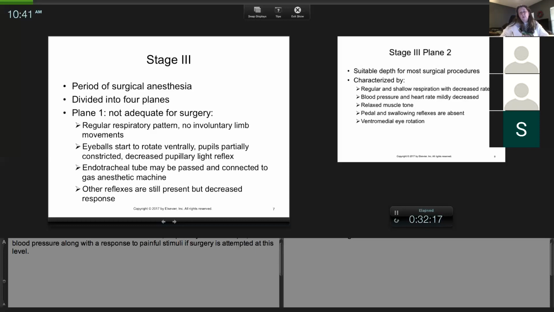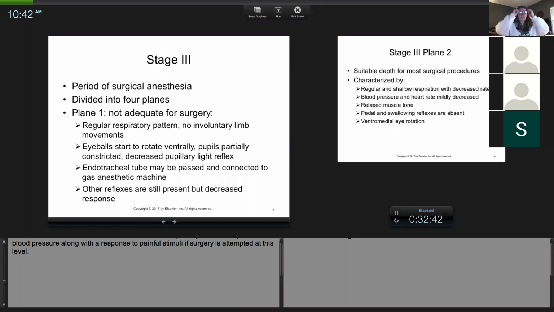The reason I keep saying that is it's one of my better indicators of my patient's status, my eyeball position. And I tend to look at it a lot because they're going to move different ways during anesthesia. That tells me where they're at.